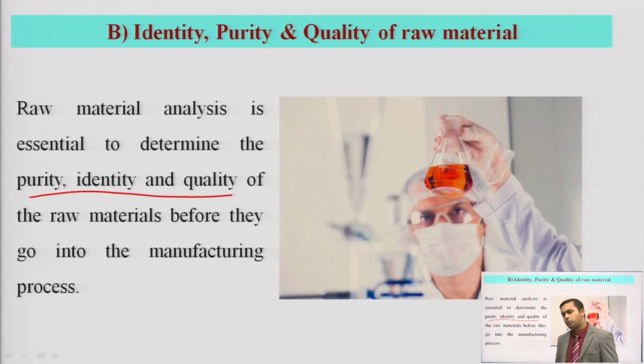The quality assurance chemist will take some samples and send them to the quality control chemist, who will check purity, identity and quality, give the certificate, and then it can move from the quarantine area to the storage area. So, these things are very important during our purchasing.